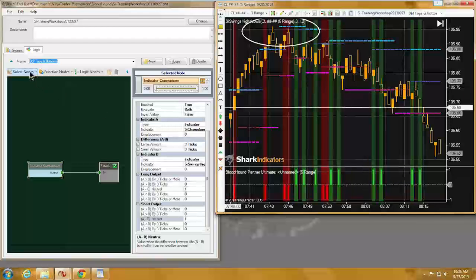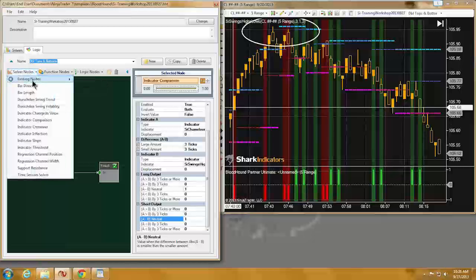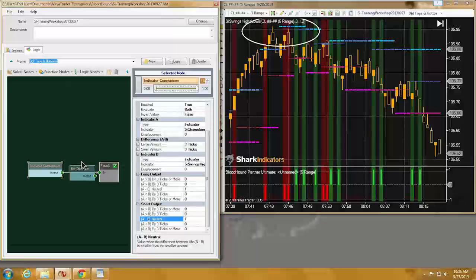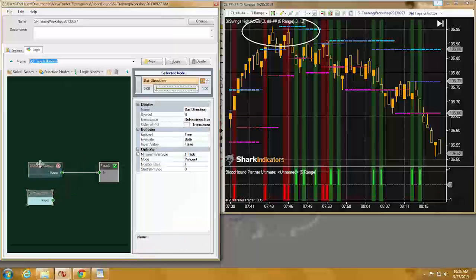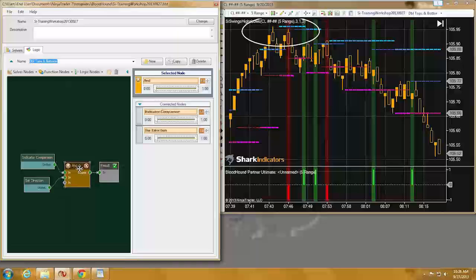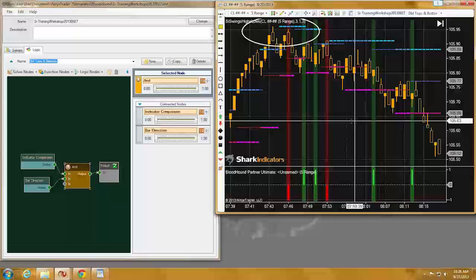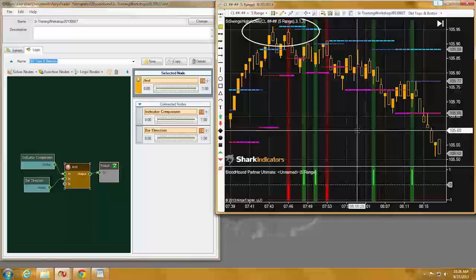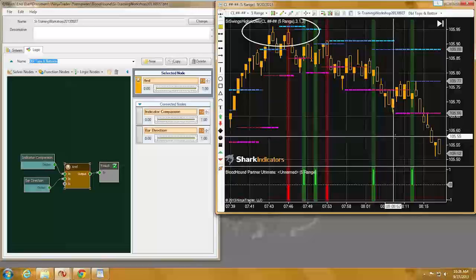So I'm going to use the bar direction solver to determine that, and I will need to join them together with an AND node. All right, so that cleaned up some of the signals here.